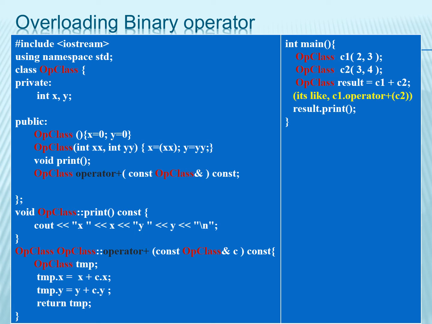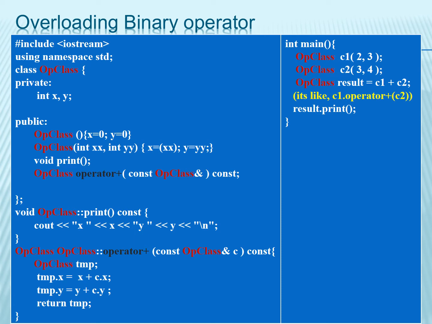In the main function, we create two objects C1 and C2 of type OP class. The purpose of the overloaded plus function is to add the objects C1 and C2.